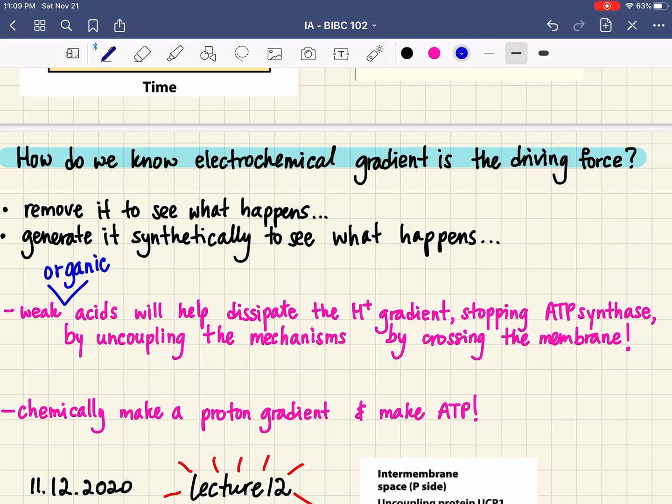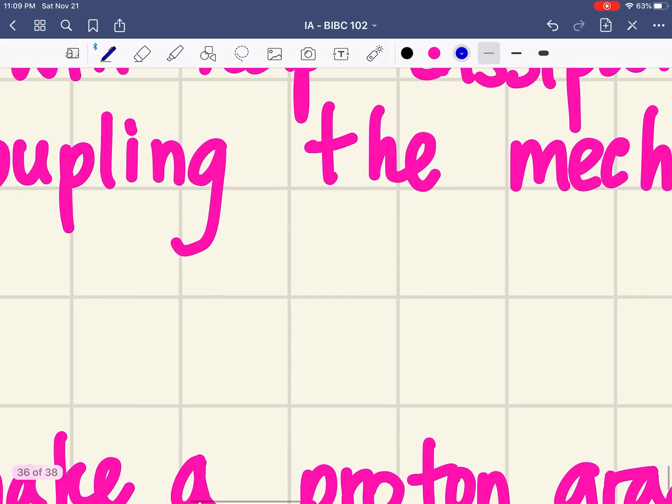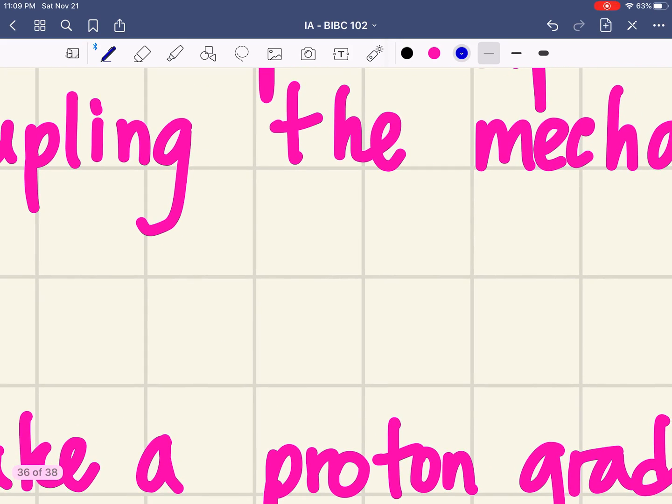If anybody needs an explanation on the weak organic acids part, I'll go over it very quickly here, zoomed in. Hopefully it's not too blurry. Let's say we have a negatively charged organic acid.